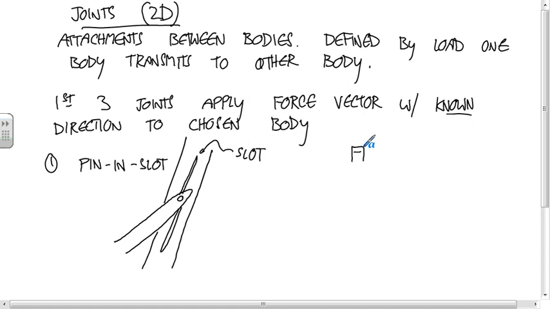So in a free body diagram, if you're isolating this body, there would be a force in that direction.